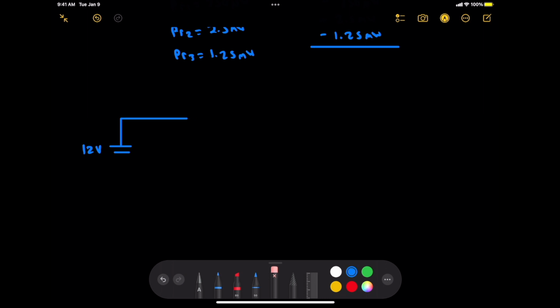Our first resistor, and its value is going to be 2 ohms. And now we're going to have a little ammeter right here, and it's reading 1.5 amps. Now it goes down into our second resistor, and we do not know the value for that. And then it goes back to our voltage source.